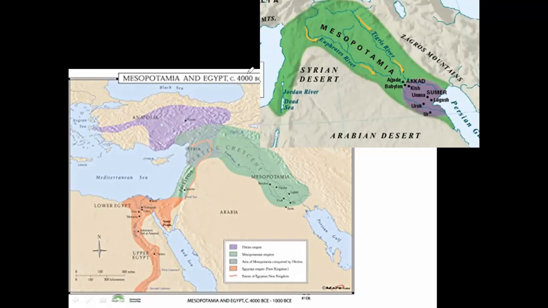Okay. So look at the bigger map here. I understood the first part of the lesson, but I just happened to forget the specific name of the civilization. Sumerian. Okay, let's just give a brief introduction.